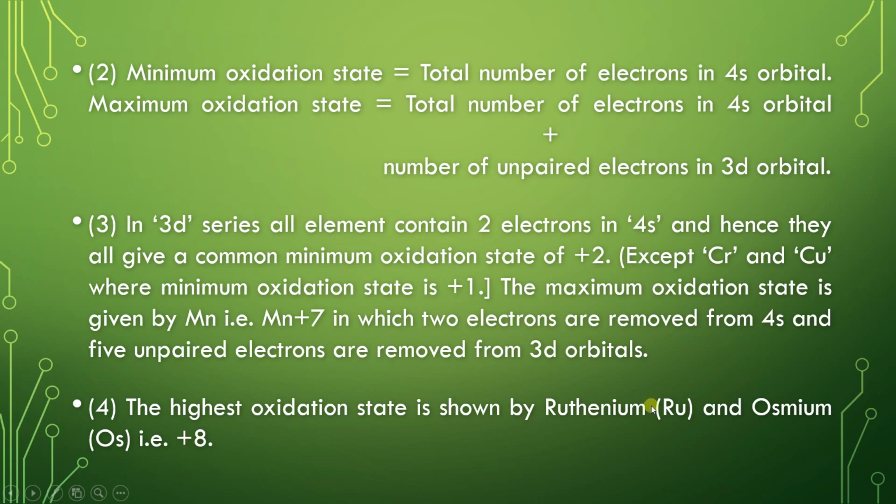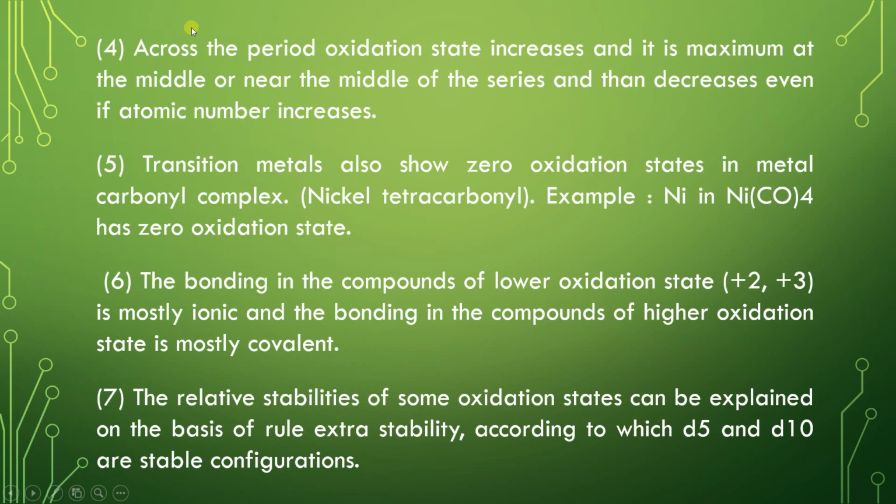Ruthenium from the 4d series, osmium from the 5d series. So across the period, oxidation state increases and is maximum at or near the middle of the series and then decreases even if atomic number increases.